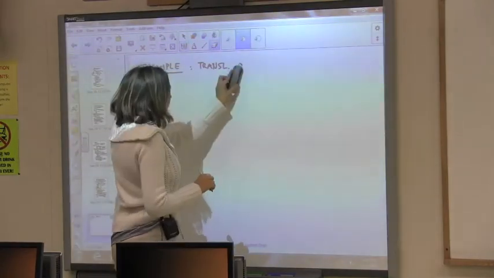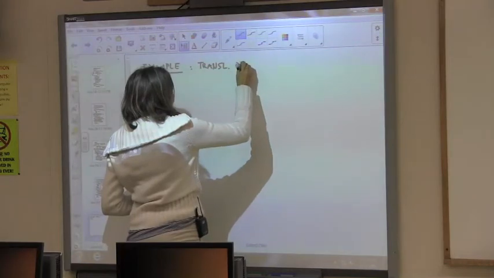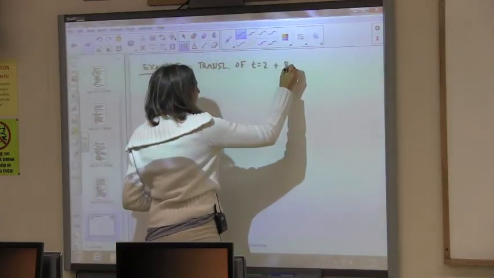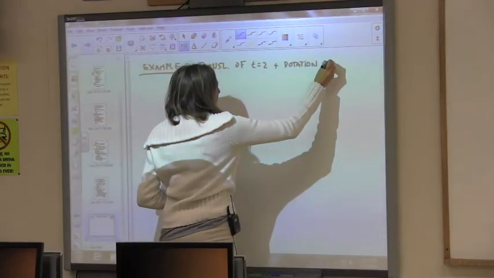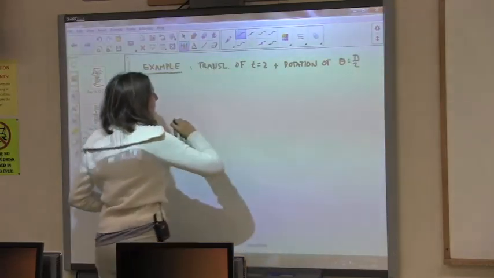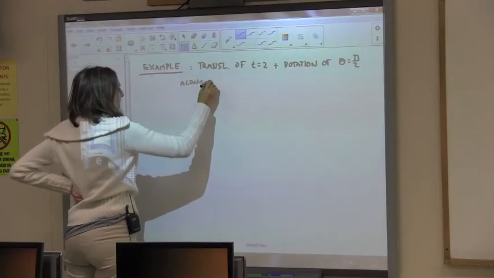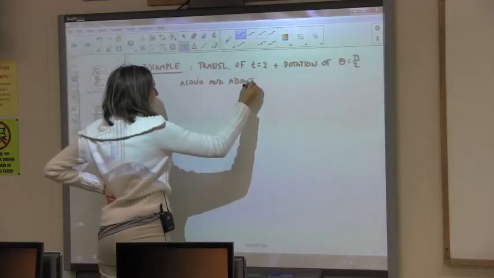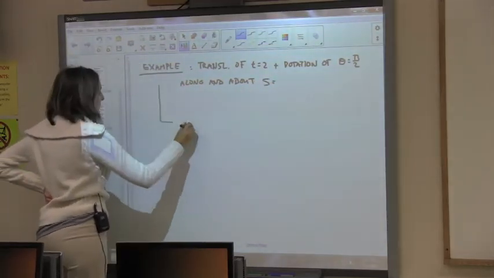Let's just give numbers: a translation of t equal to 2, plus rotation of theta equal pi over 2, 90 degrees, along and about s equal to, which axis do we want?